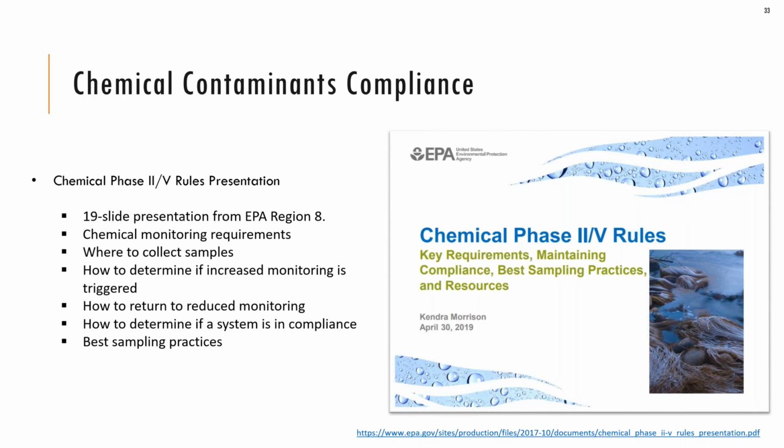It provides information on the chemical monitoring requirements, guidance on the best places to collect samples, how to determine if increased monitoring is required or triggered, how to return to reduced monitoring, how to determine if a system is in compliance, and a few slides on best sampling practices, so the sample you collect follows the state or EPA required sampling procedure.